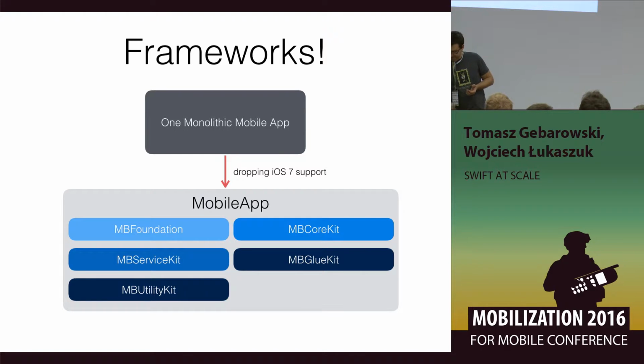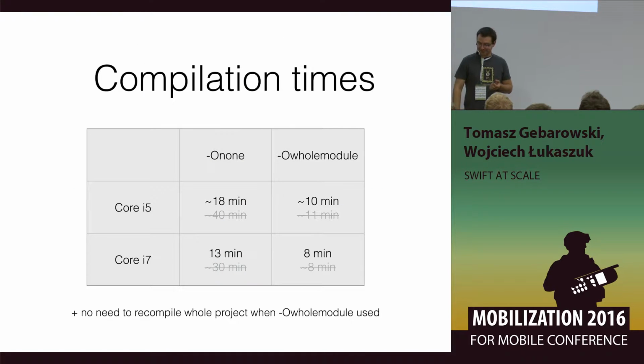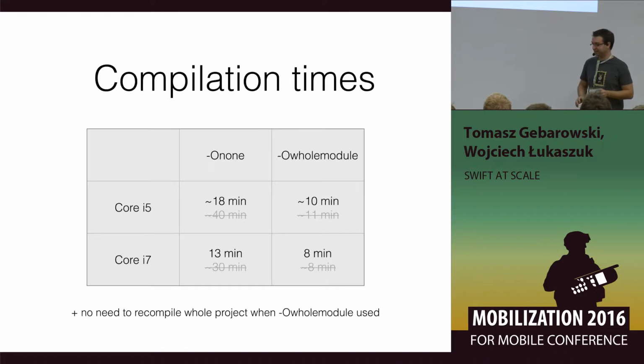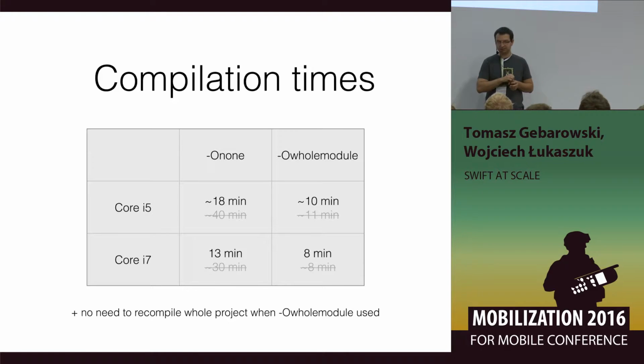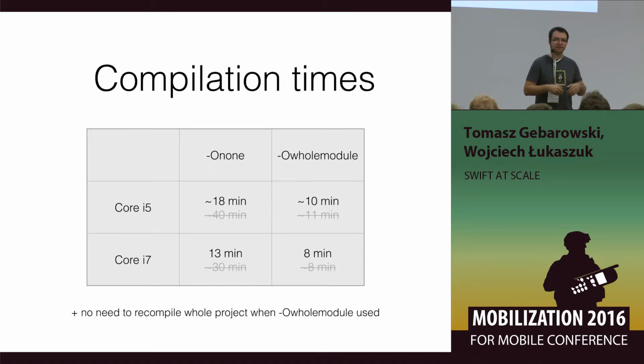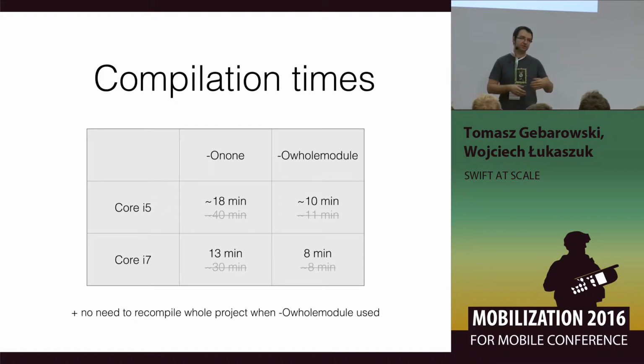So with that, we reduced compilation times. It's still big, but for example, for AllNone, we reduced the compilation time to 13 minutes, on an i7 processor, for example. And this is already acceptable for us because this is the compilation time for the first pass.